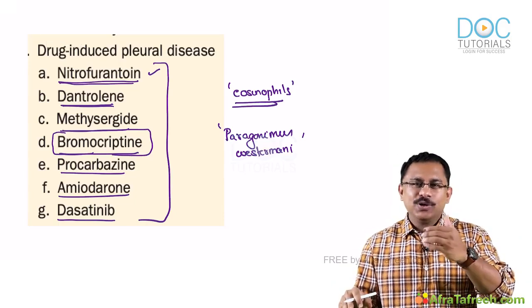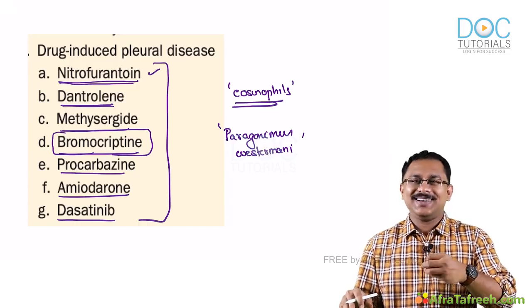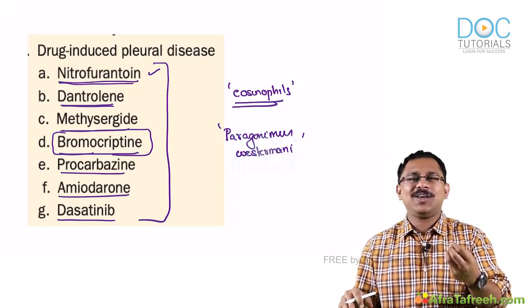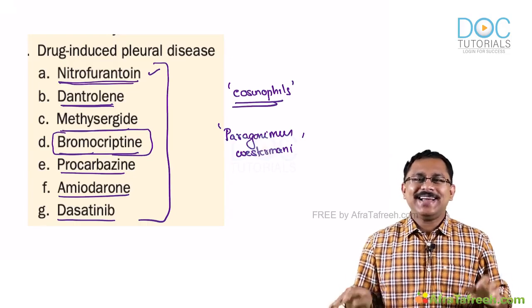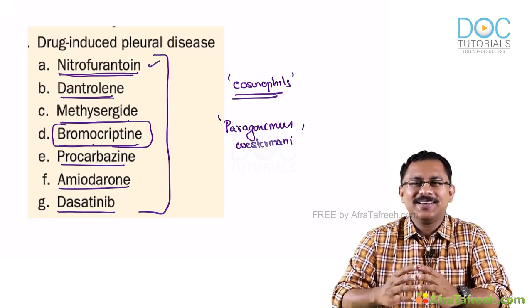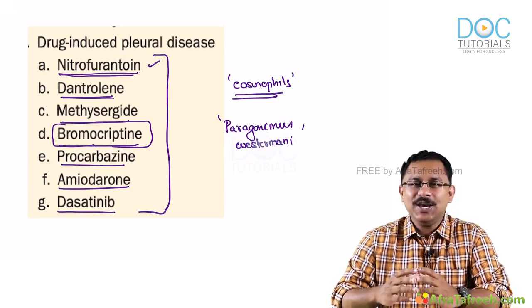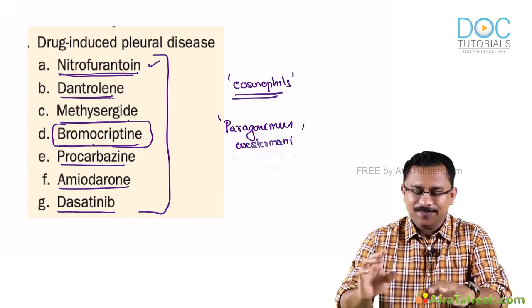Then you have to suspect a drug-induced effusion. Remember, bromocriptine producing effusion is not common, but that is how the entrance exam goes. Even relatively uncommon things, the examiners are fond of them. They would try to make a question just to trick you, but you should know the causes of drug-induced pleural effusion. Very clear?